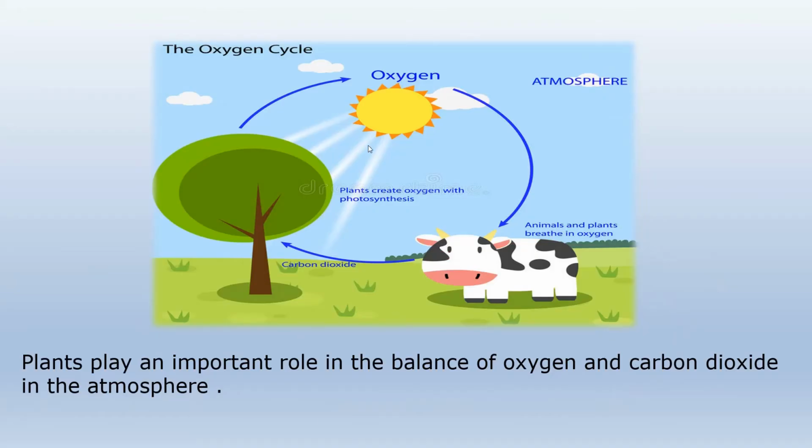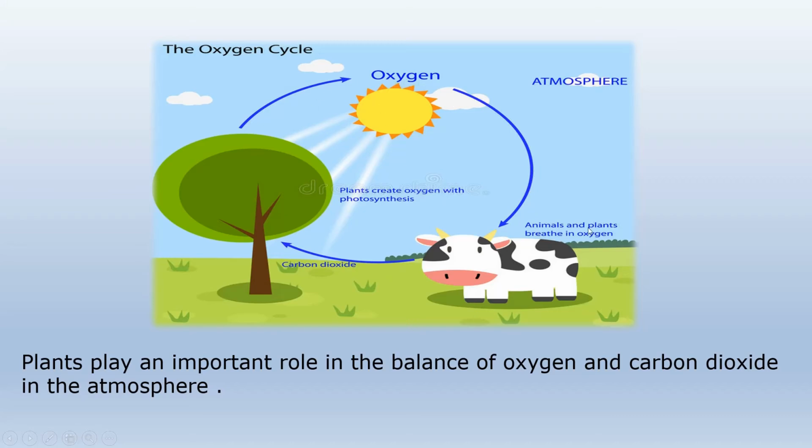We know that plants play a very important role in balancing the oxygen and carbon dioxide level in the atmosphere. How? We know that plants create oxygen through the process of photosynthesis. In this process, in the presence of sunlight, the plants take in carbon dioxide and produce oxygen, and it is released into the atmosphere.